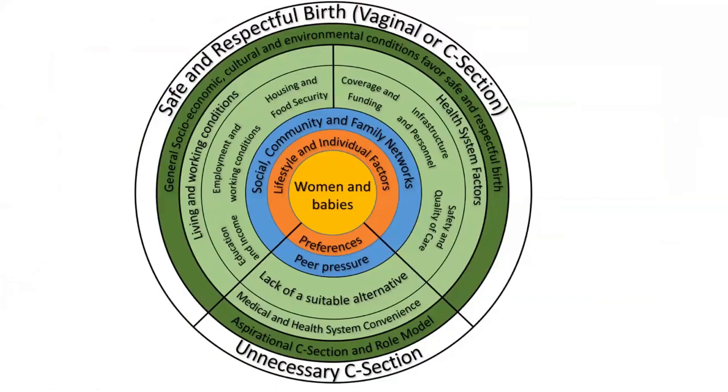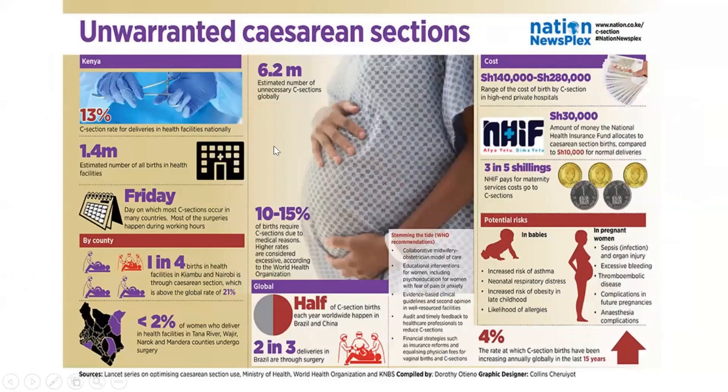I want to borrow this slide from our neighbor in Kenya. In this paper, they were discussing how cesarean section is contributing to the cost of healthcare in Kenya. And of course, they went deeper, looked worldwide, and realized that almost 6.2 million cesarean sections are actually done where the indications are really unnecessary. So that's a global picture.